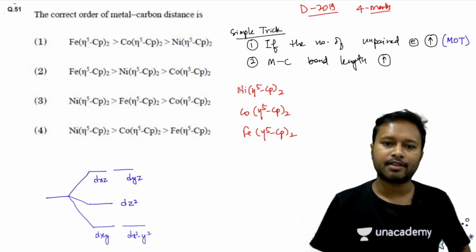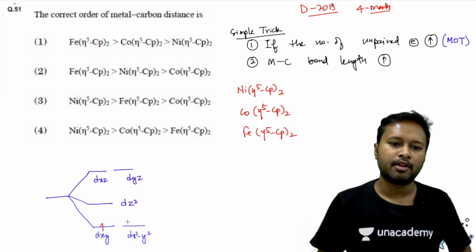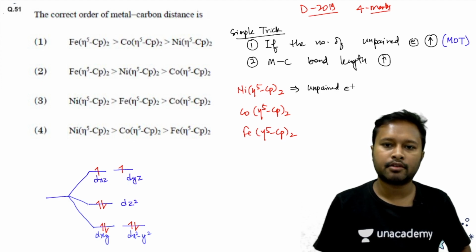Nickel is going to be a d8 species, so you have to fill 8 electrons in this case. So let's fill that in the molecular orbital diagram: 1 2 3 4 5 6 7 and 8. This is how we are going to fill it. So the number of unpaired electrons over here is going to be 2, because you can see these are 2 unpaired electrons.